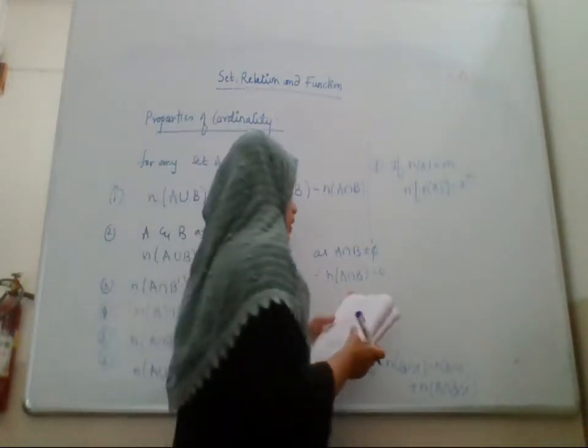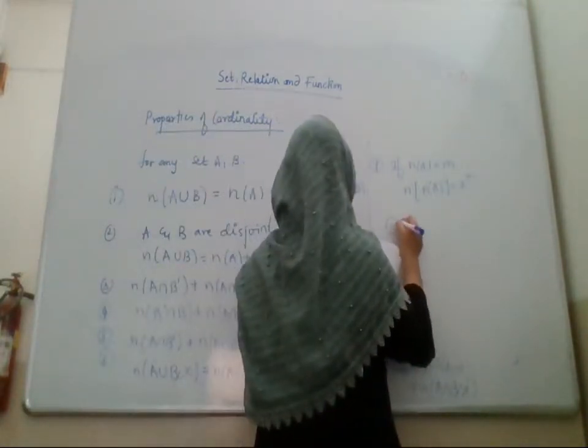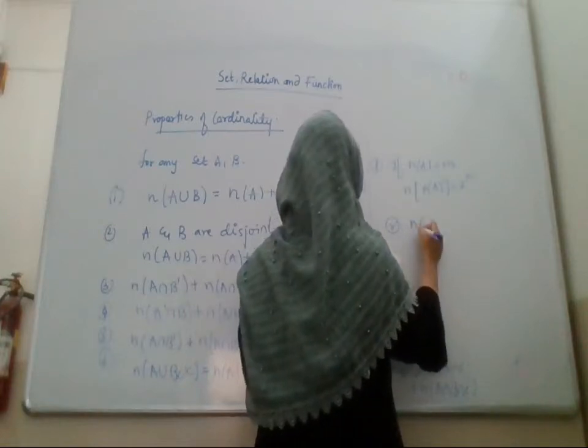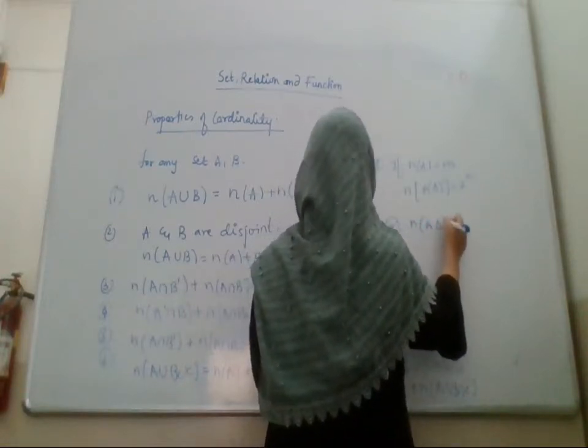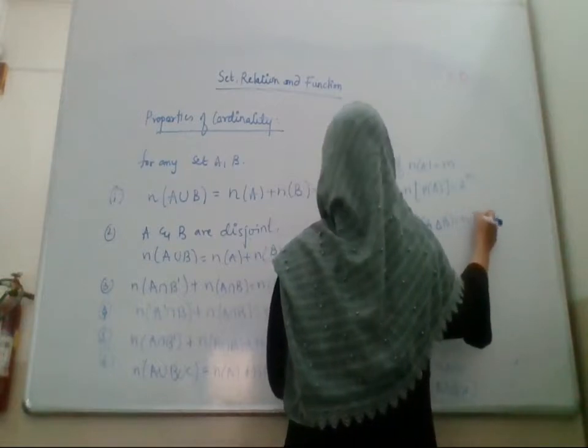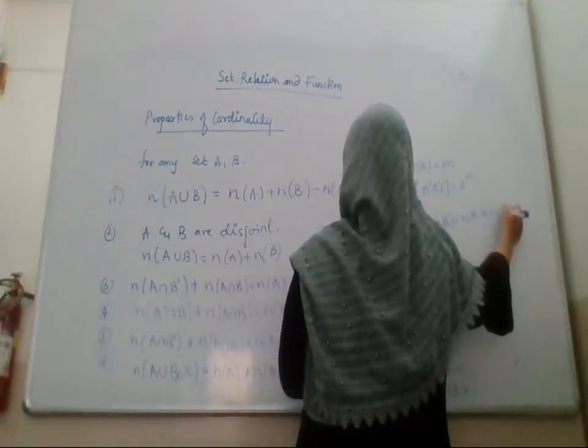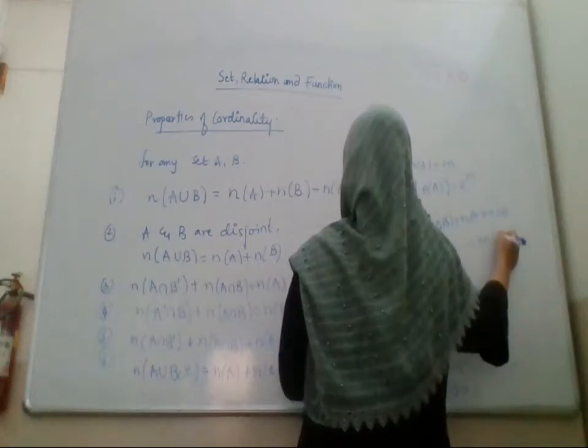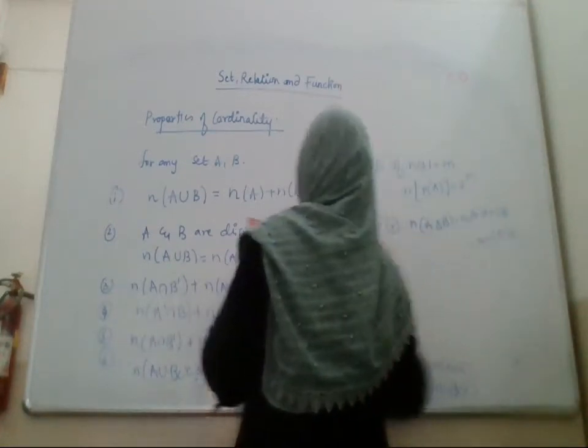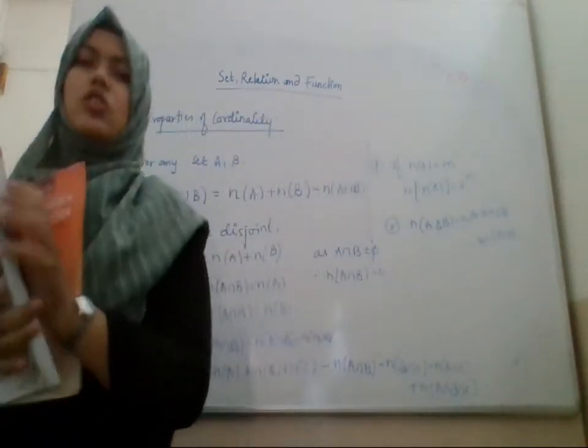Then the eighth one is cardinality of A difference B is equal to cardinality of A plus cardinality of B minus 2 times cardinality of A intersection B. So this is about the properties of cardinality.